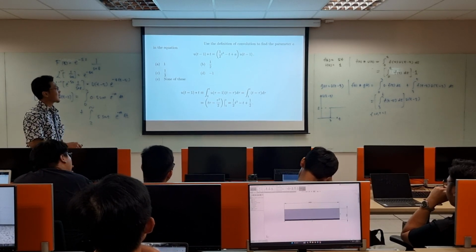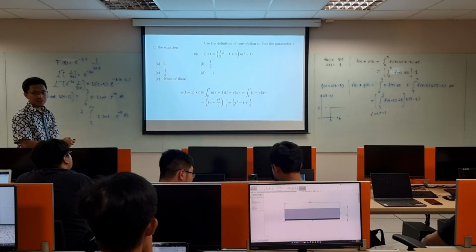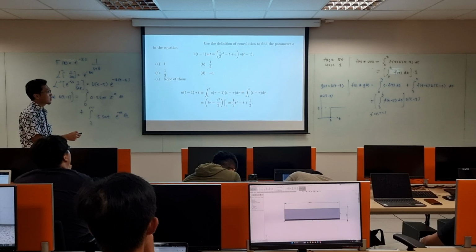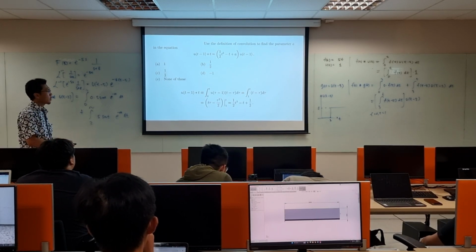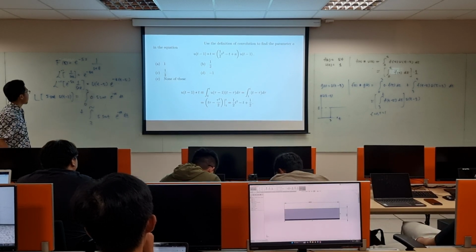From the start. Okay, we have a convolution integral of a delayed step and a function t. So we write it down as this. Let me write it here.